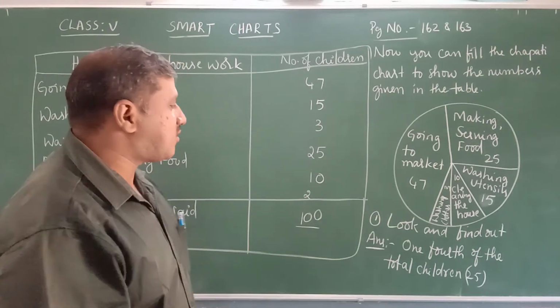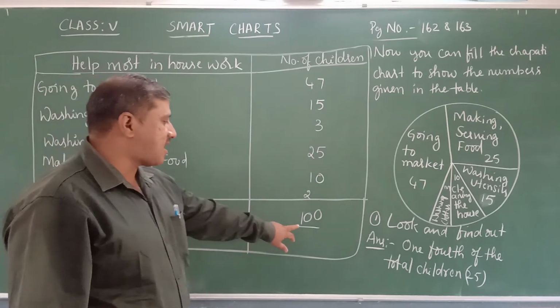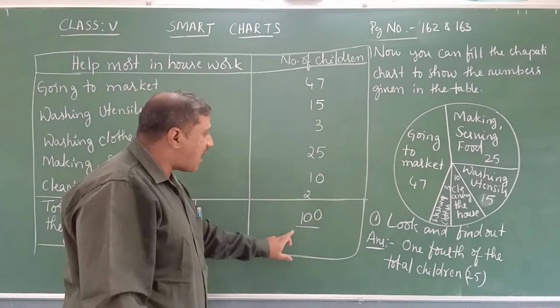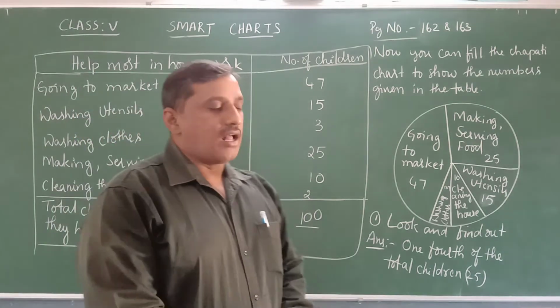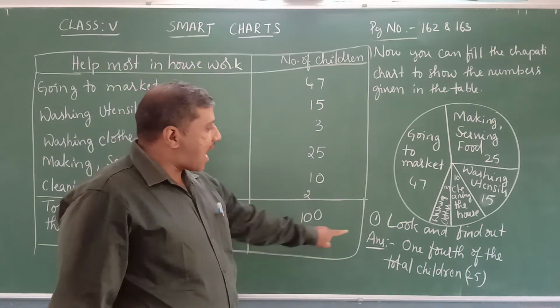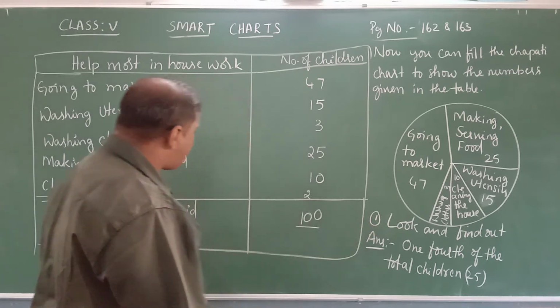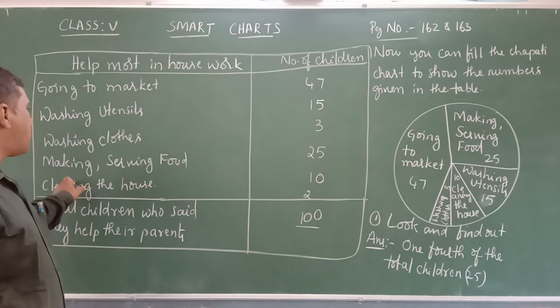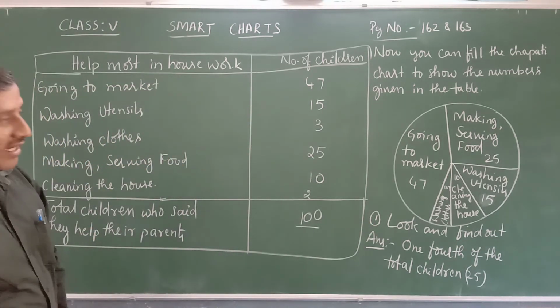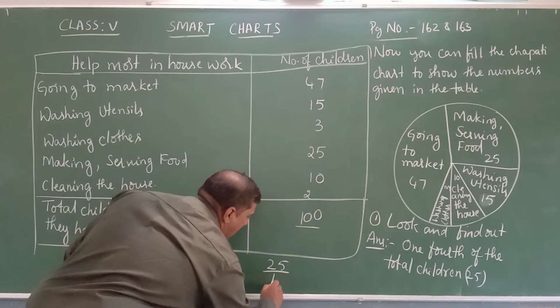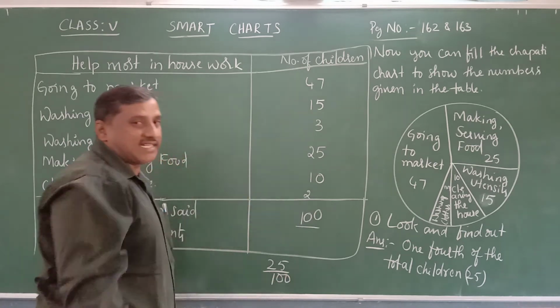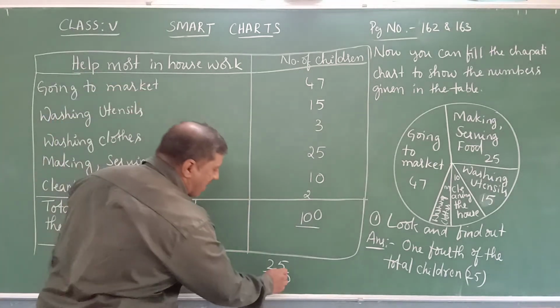So what is the total number of children? The strength is 100. So out of 100, 25 members is which fraction? The whole is 100 and 25 are those helping in making and serving the food. So 25 divided by 100. We can divide by 5.